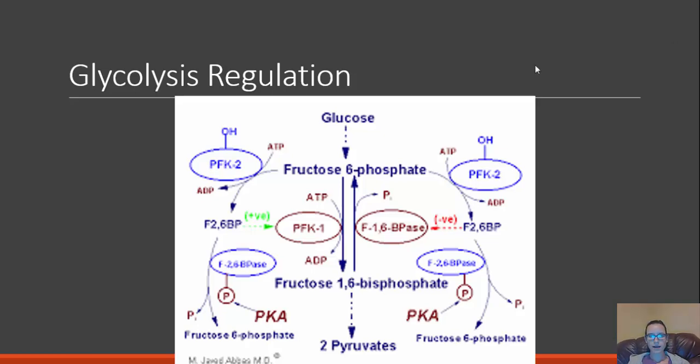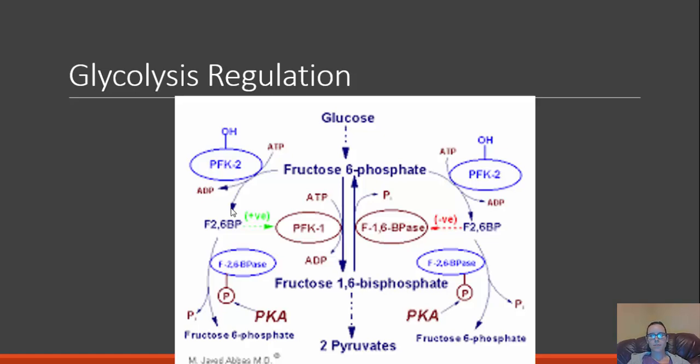We see that here. It's interesting because this molecule is not an intermediate of any of the pathways. It is produced by other pathways, but is used to regulate gluconeogenesis and glycolysis.